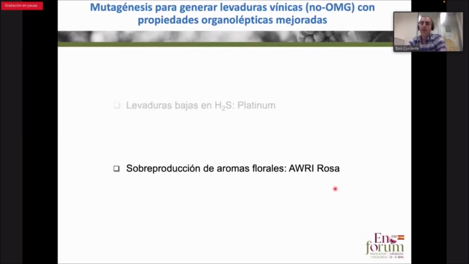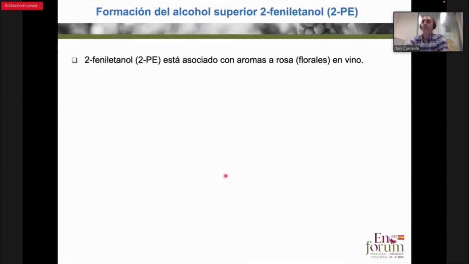Now, talking about the second example, the overproduction of floral aromas, this is a desirable attribute because there is a trend among consumers that they want fruity and floral wines.